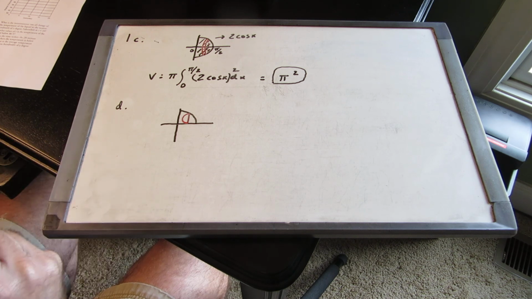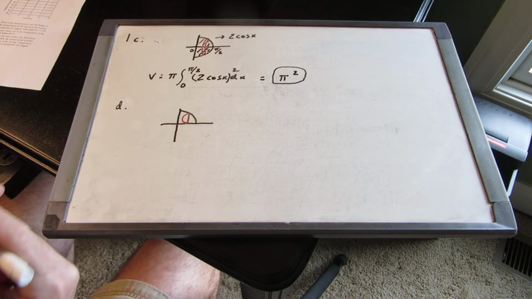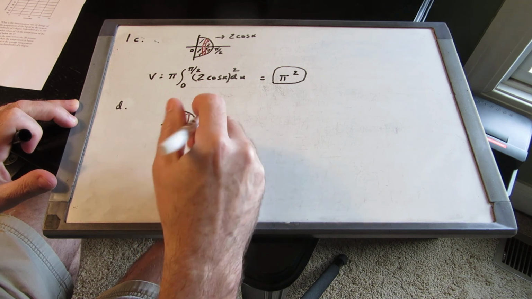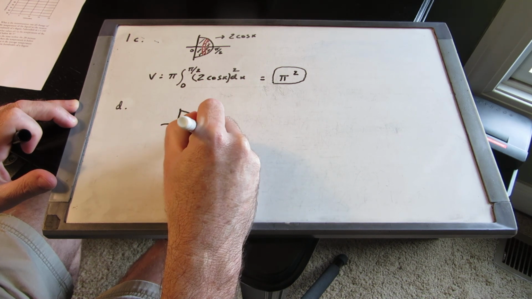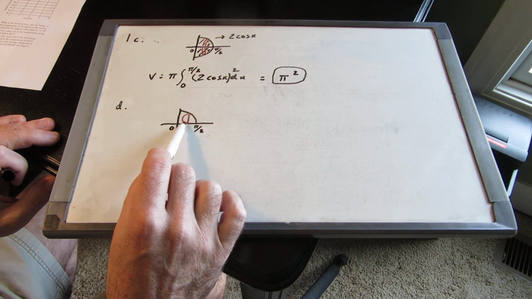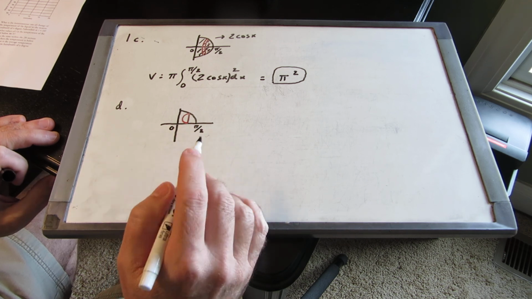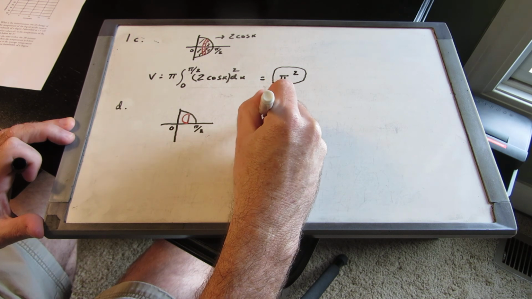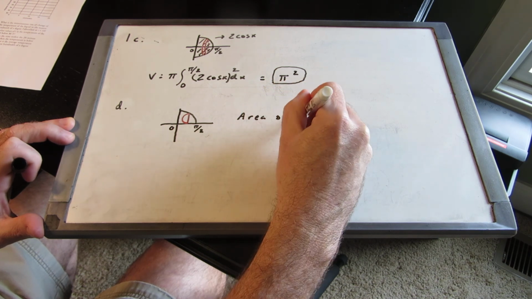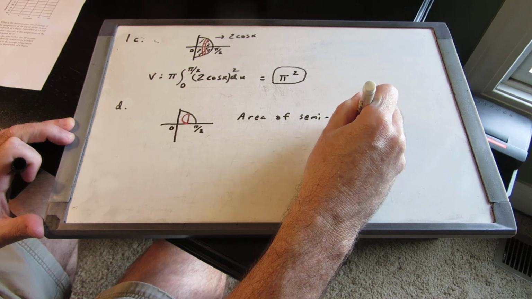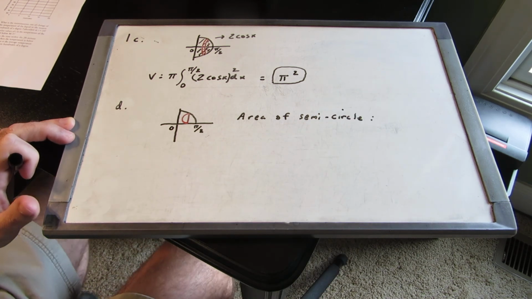So if I were to chop all of this area from 0 to pi over 2 into semicircles, then what kind of total volume would I have? The area of a semicircle is just half of the area of a circle.